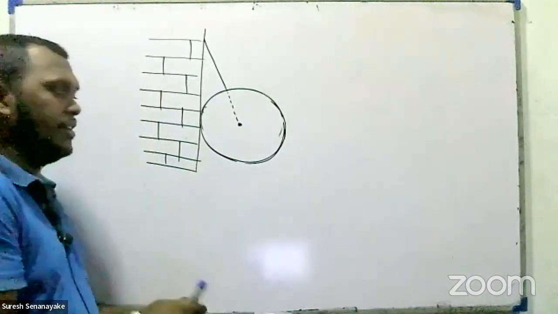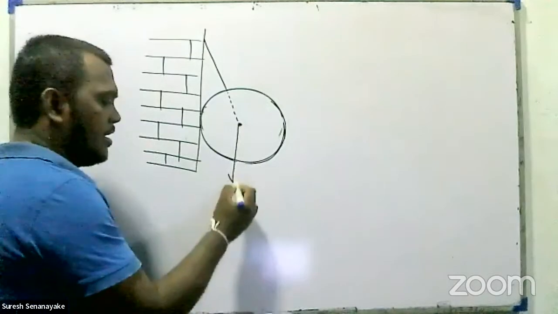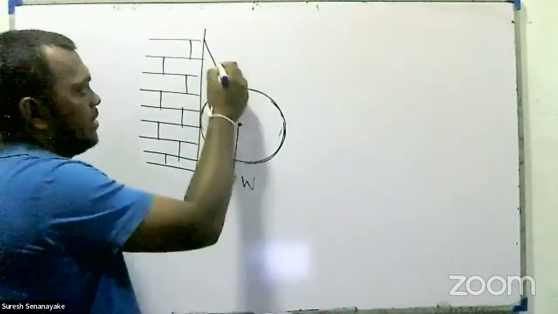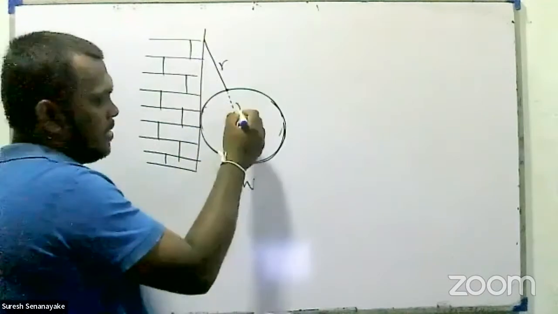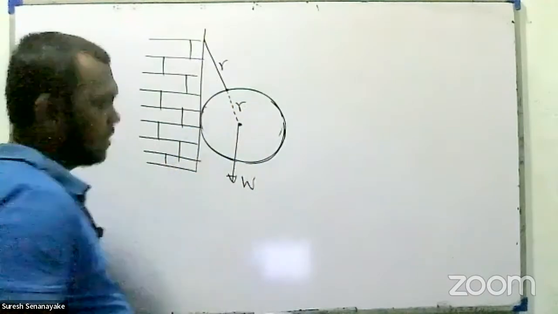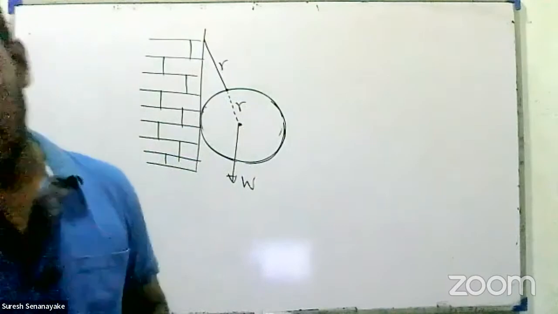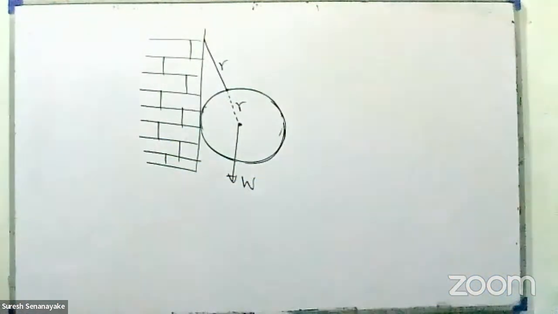Given that the weight is W, the radius is R, and the length of the string is also R. You can mark that in the diagram.